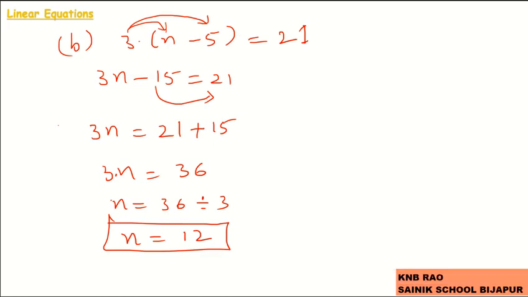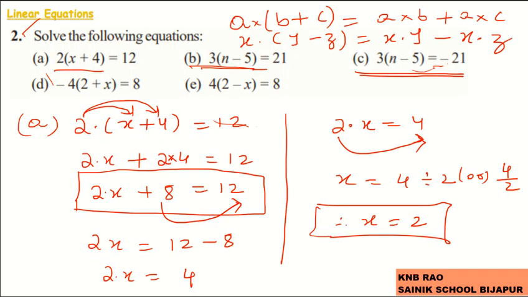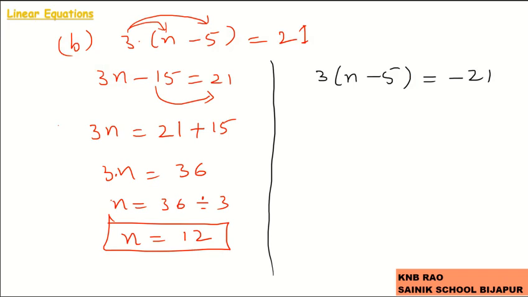Now I have 3 times (n minus 5) equals minus 21, given. So same, 3n minus 15 equals minus 21. This is as it is because 3 gets distributed over n and 5.